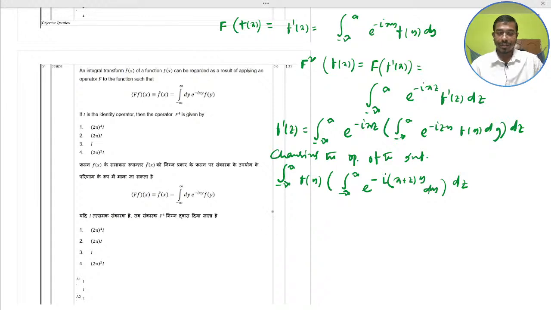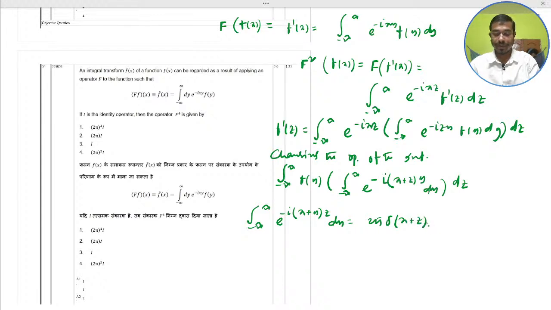Now the standard integral, minus infinity to infinity e to the power minus i(x plus z)y dy, would be twice pi delta(x plus z). Substitute the result back, you would get F square of f(x) equals twice pi f of minus x.